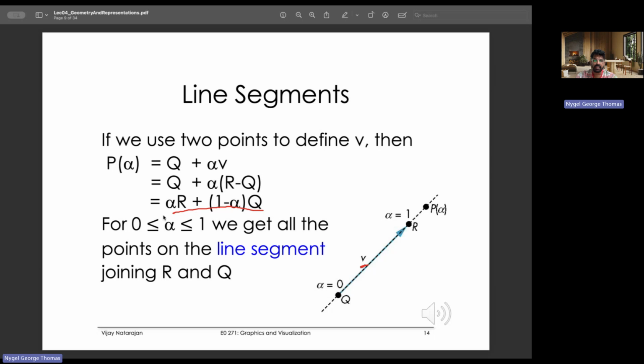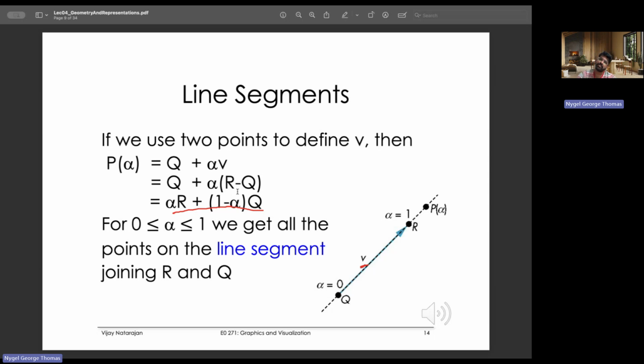Here, the alpha values are between 0 and 1. Then 1 minus alpha also lies between 0 and 1. So we get all the points in the line segment joining R and Q by varying alpha between 0 and 1. This is how we represent the line segment.